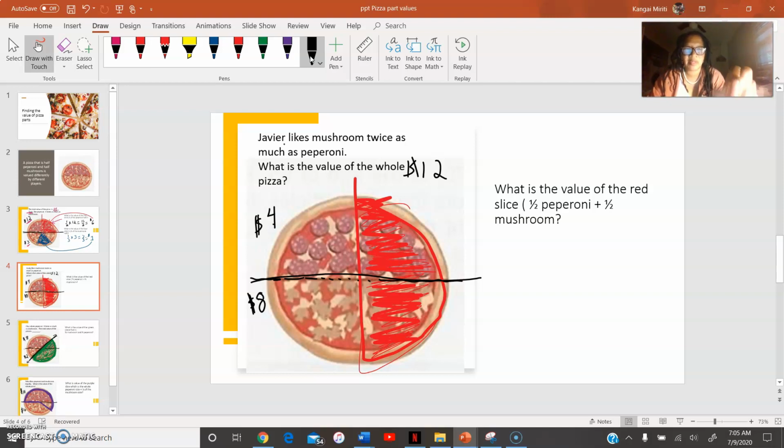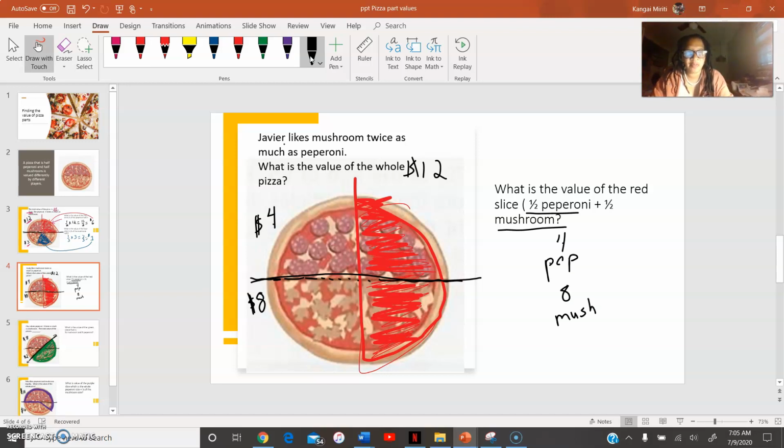Now let's talk about some slices. So what's the value of this red slice for Javier? Well, let's look at what's going on with this red slice. It's half of the pepperoni together with half of the mushroom part. So let's see, the pepperoni is worth $4 and the mushroom is worth $8.